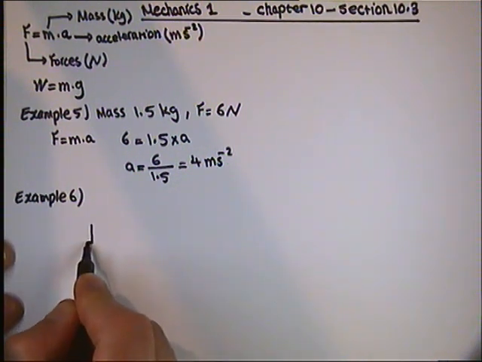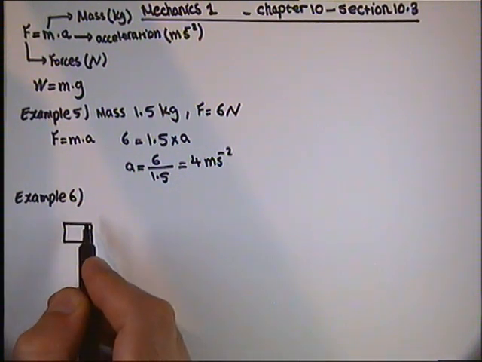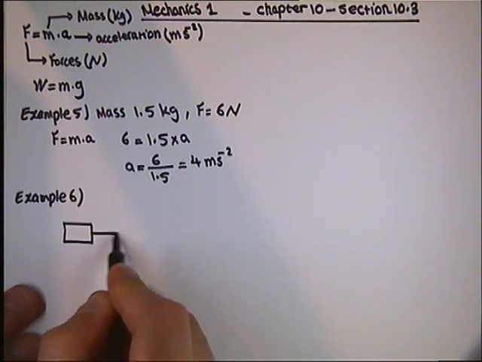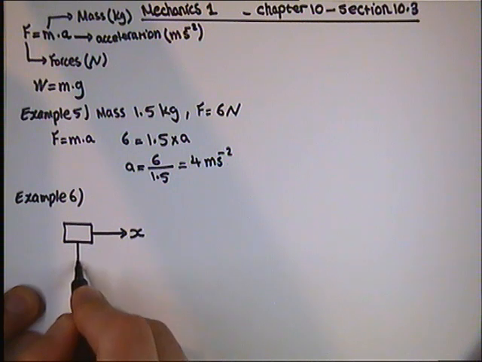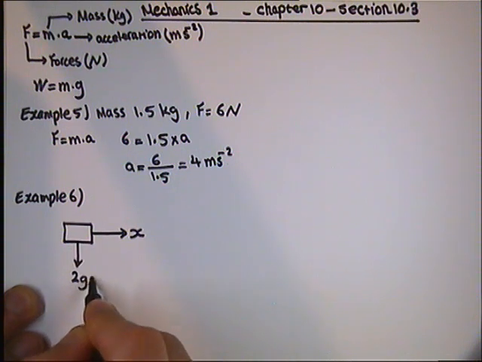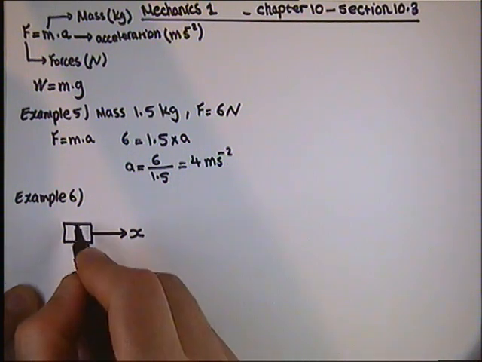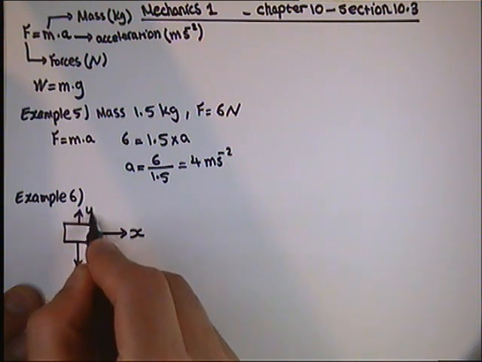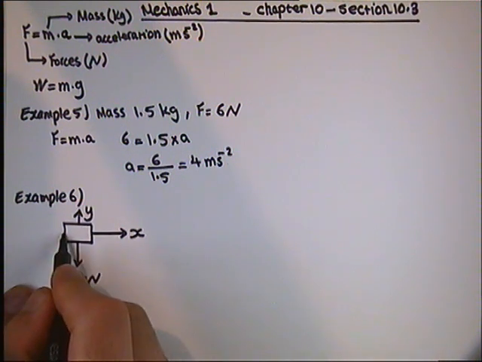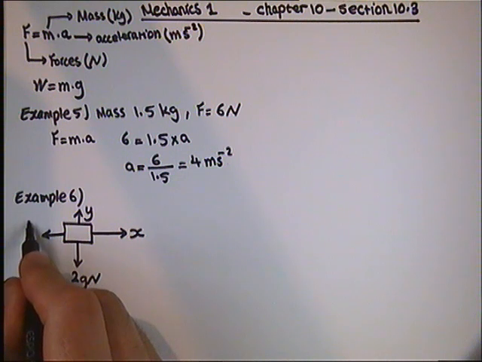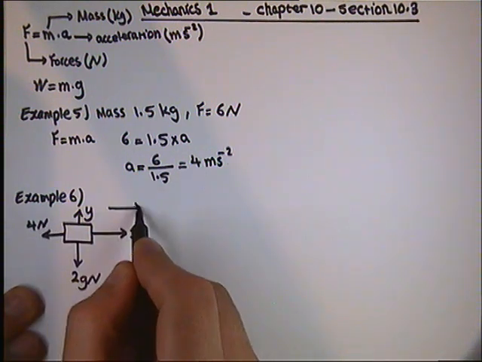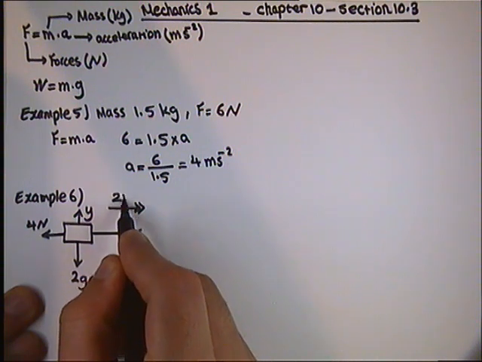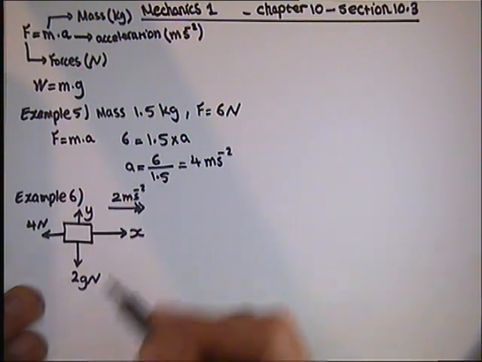Okay, so let's draw the particle: x, 2g Newton, y, and 4 Newtons, and the acceleration is in this direction, 2 meters per second squared.